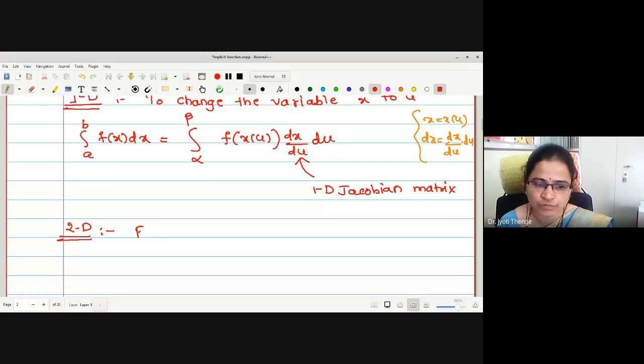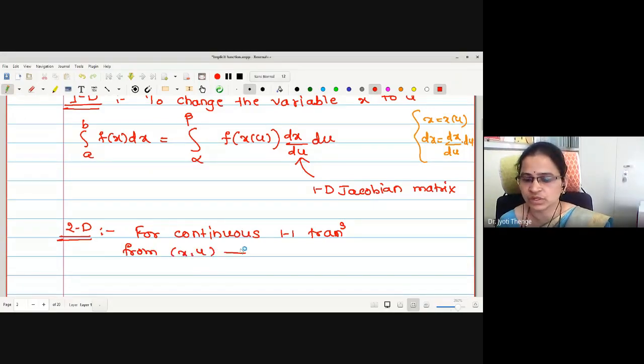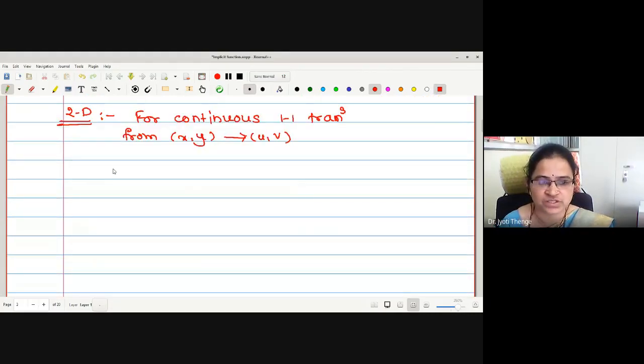here I need a continuous one-to-one transformation from xy to uv. Let me substitute x as x of uv. In integration calculus, you have studied these rules.